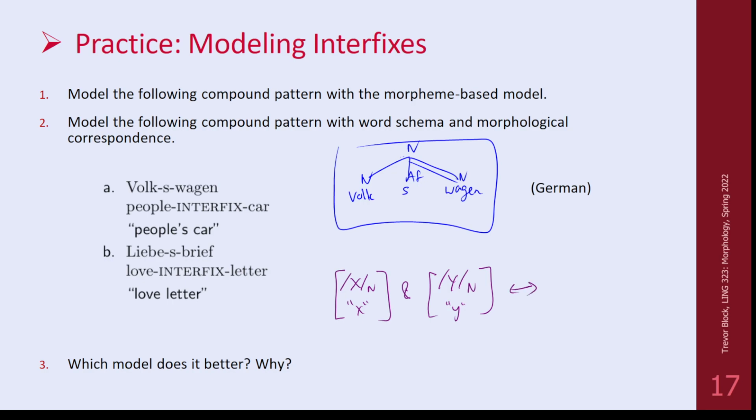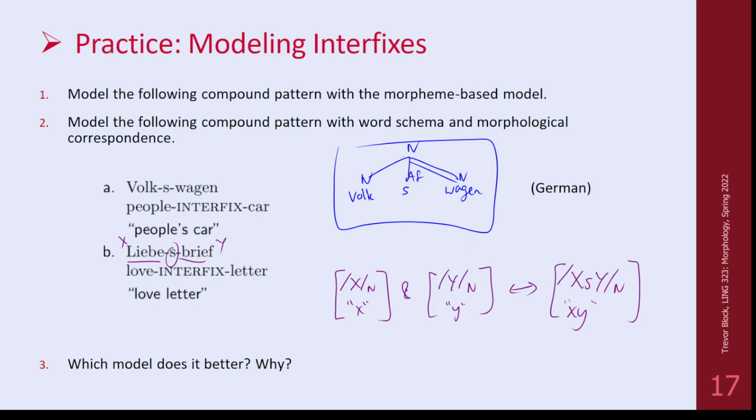And we want to get the compound form. What the compound form looks like is we have X, we have Y, and then we have some sound in the middle. In this case, it's S. So it's X, S, Y. That's the noun form. And then we get some XY compound meaning. I'll just leave this blankish.